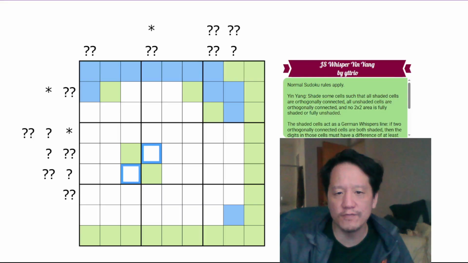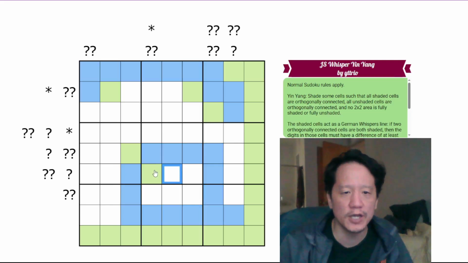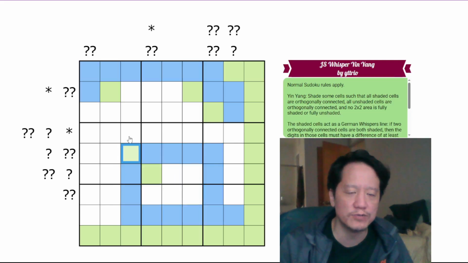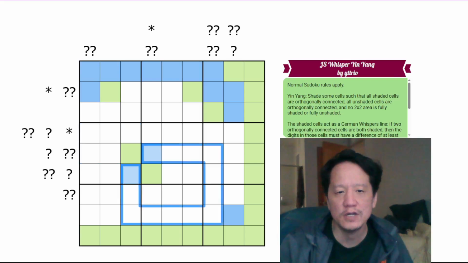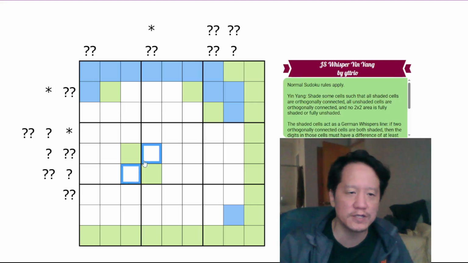If you try to have both of them being the opposite shading, how do you orthogonally connect them as regions without breaking apart the other shading? You can't, right? Because this would form one region and this would form another region. So that's why you can't have 2 of the same shading on the other diagonal.